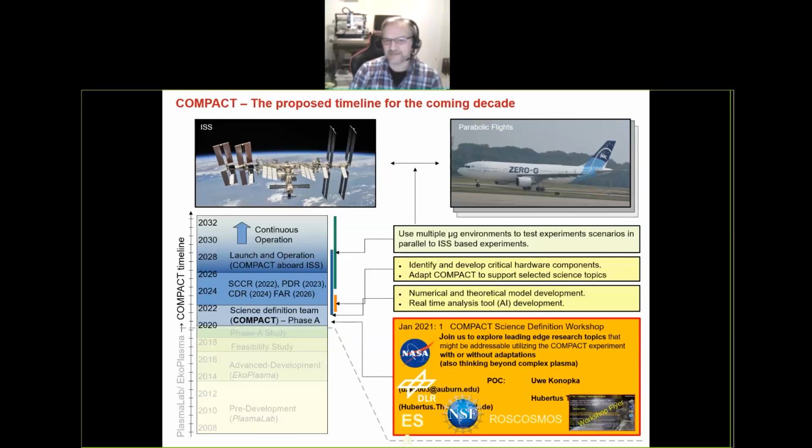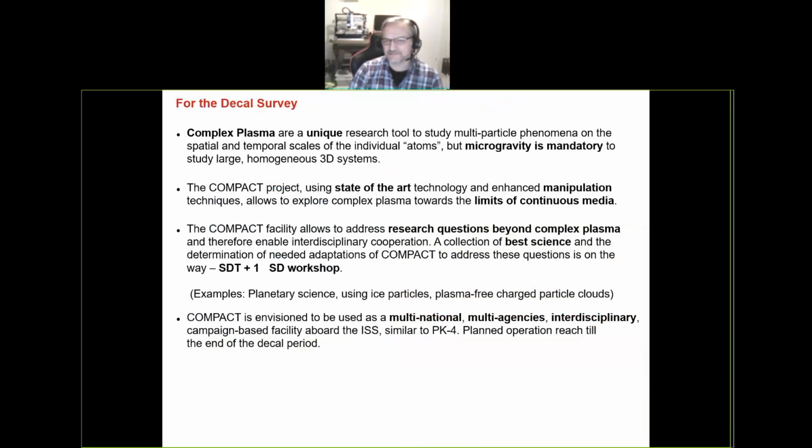Okay, the last one. So I put in 4 bullet points mainly to summarize the major important things here: complex plasmas are really unique for studying multi-particle systems down to the atomic scale, and they are up to undamped systems, so they're unique. I don't know any other system like this which you can use in this way. And it definitely needs microgravity.